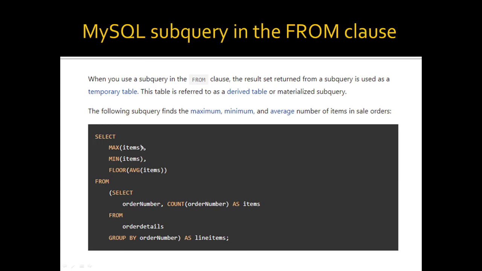We would like to know the highest number of items, the lowest number of items, and the average number of items. The FLOOR here will just remove the fraction, so we are rounding it down with no decimal places. Again, the result of the inner query will be used by the outer one. We're counting the items per order number, and the outer query gets the highest, lowest, and average number of items based on the results of this subquery.